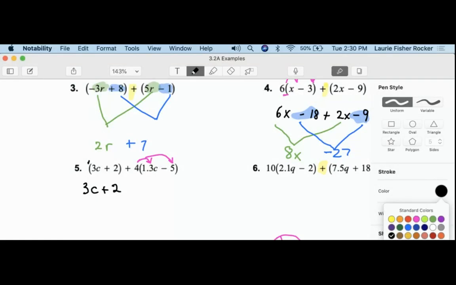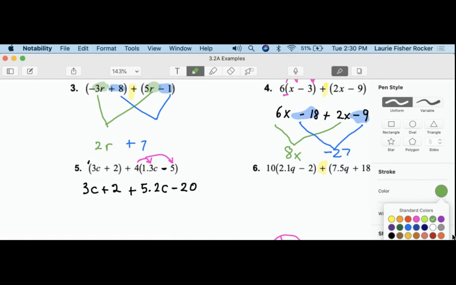So I've got 4 times 13, basically. I know that's 52, but I had that decimal, so it's going to be 5.2c. Then I got 4 times 5, and it's a minus. So 4 times 5, minus 20. Now I just jump right back into that combining like terms mode.